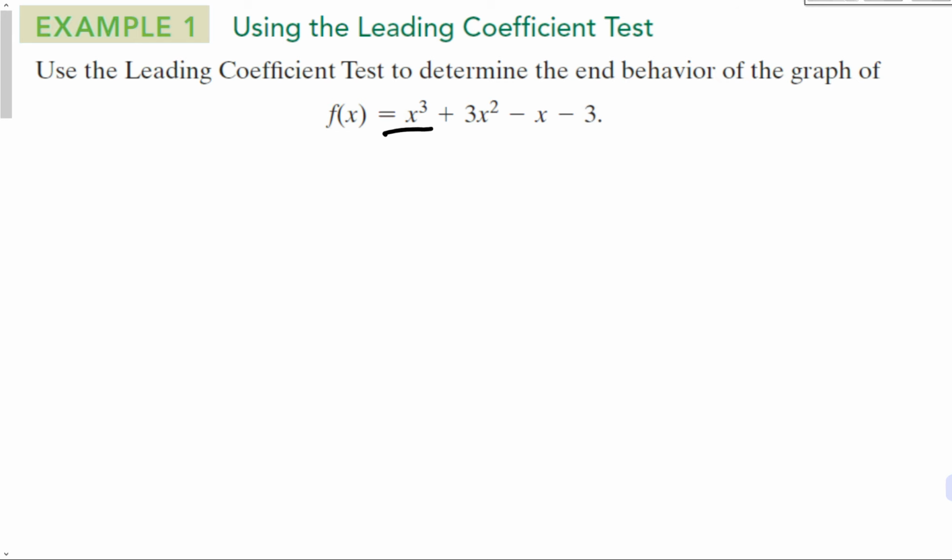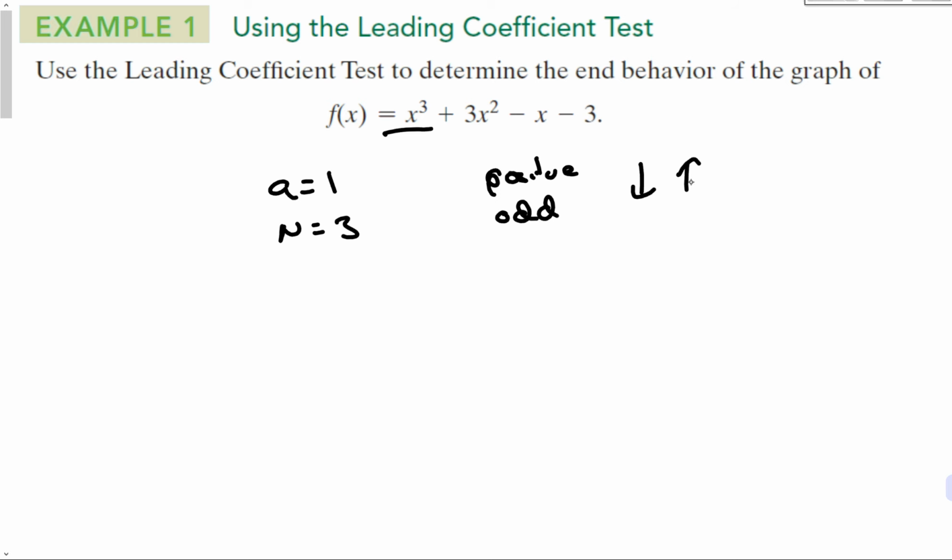So I look at this and I can see that the leading coefficient is 1 and my exponent is 3. So that's a positive and odd number. So a positive and odd number means that this graph falls to the left, rises to the right.